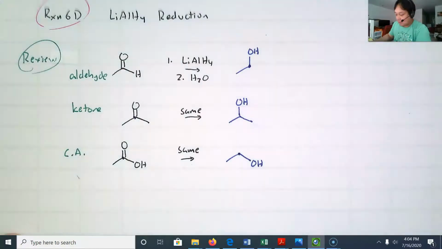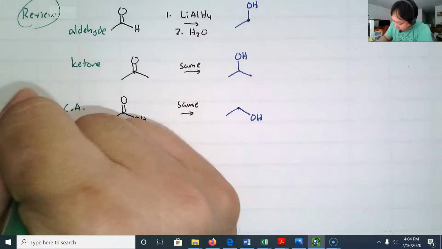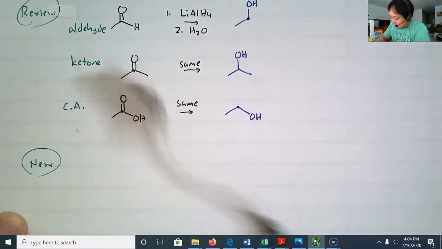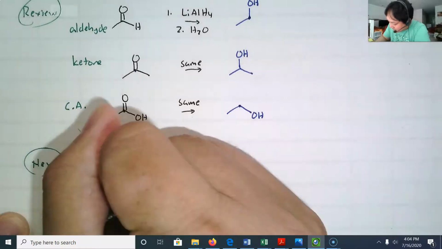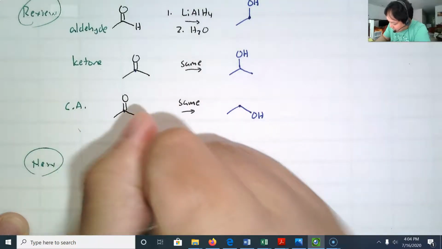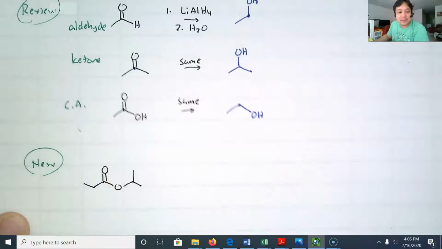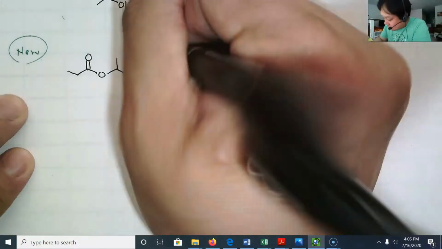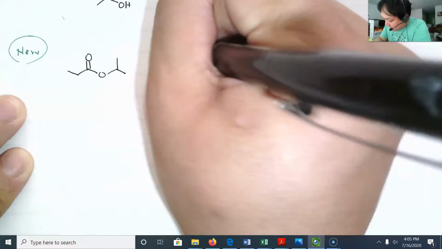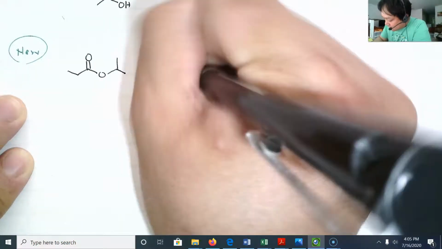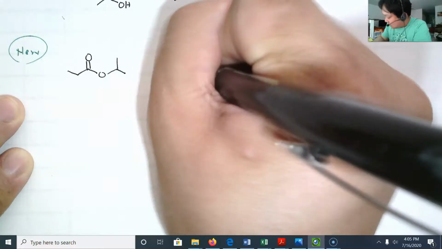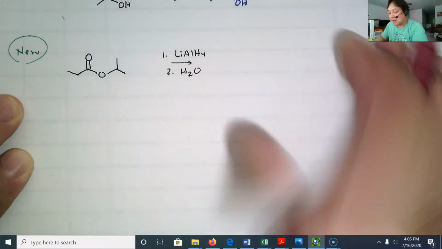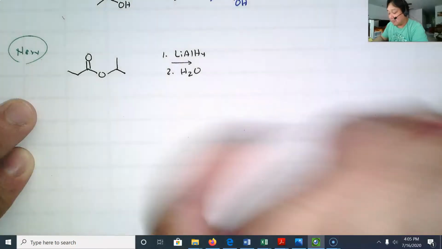We had a review. Here's the new. Esters. I'll use a fancy ester with an isopropyl alkoxy group. LiAlH4. The mechanism is in the textbook, but I'm not worried about the mechanism. I want you to know how to draw the product quickly.